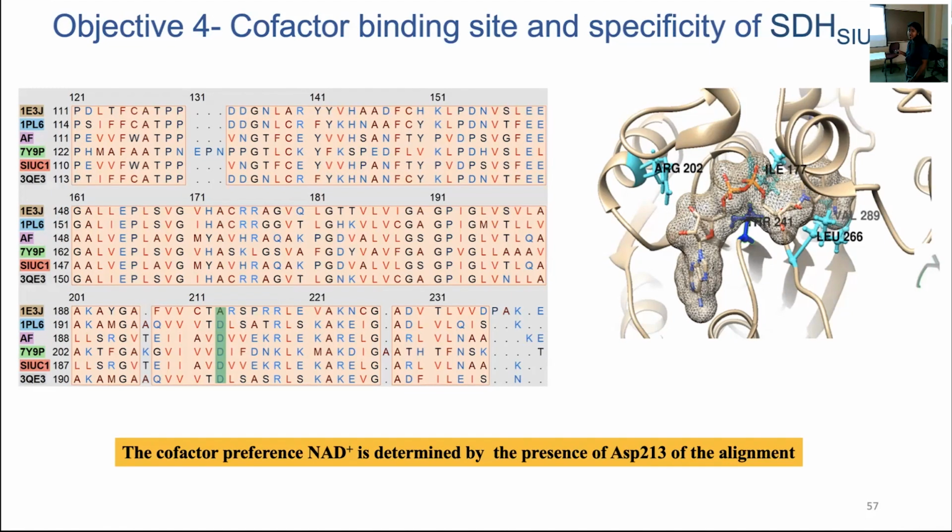The other enzymes, including human sorbitol dehydrogenase and STH-SIUC1, also need NAD+ in the reaction, which is confirmed by the presence of an aspartate residue in the enzyme amino acid sequence. The cofactor binding site of STH-SIUC1 contained arginine, leucine, isoleucine, as well as tyrosine in the vicinity where NAD+ was binding.